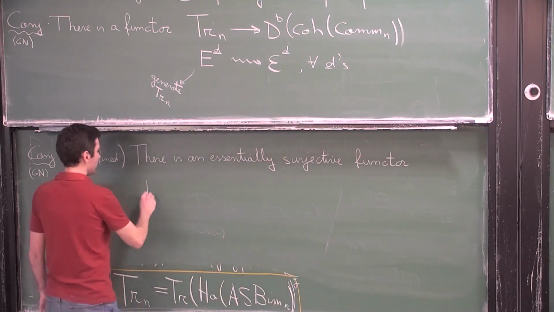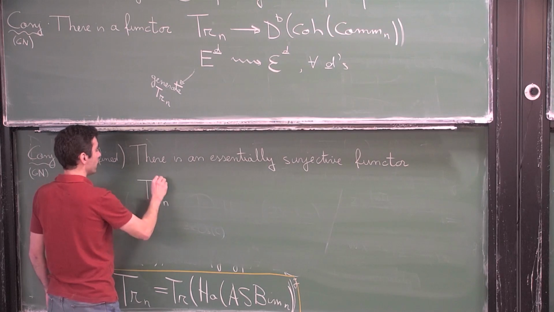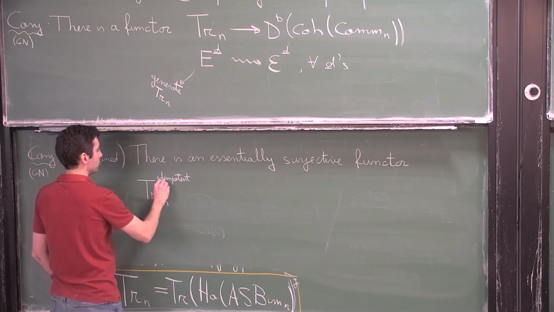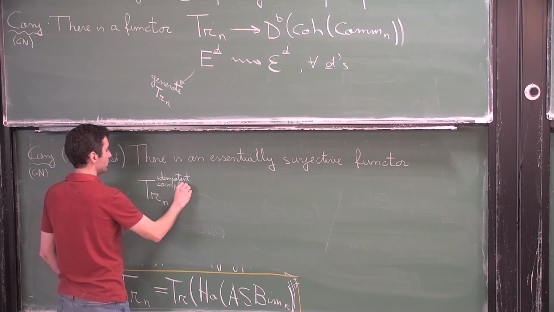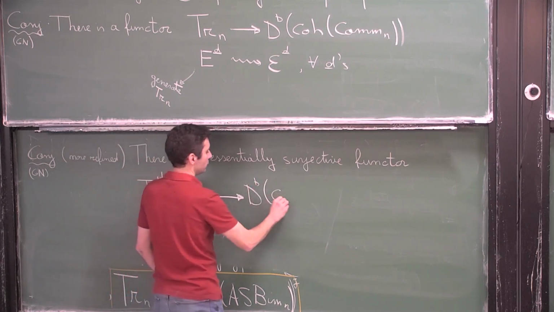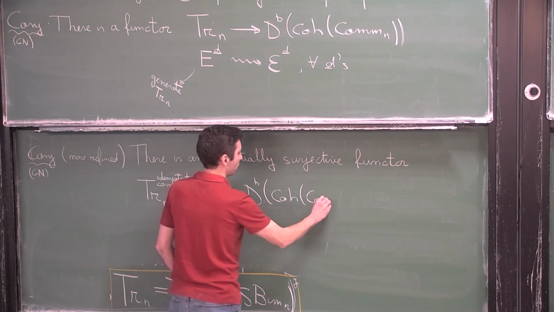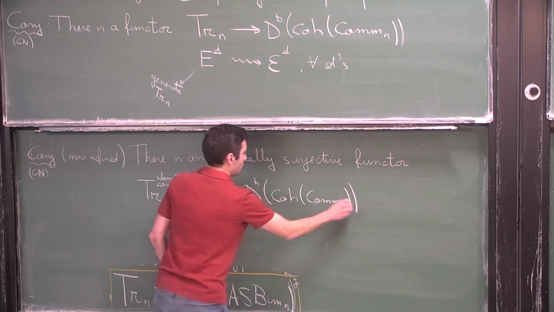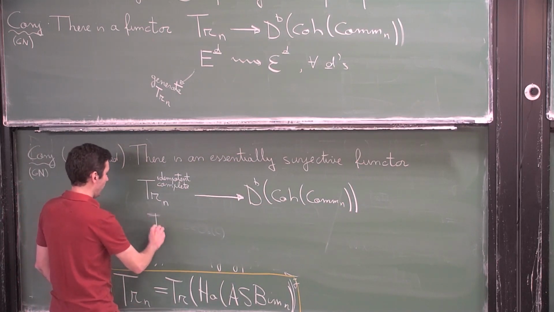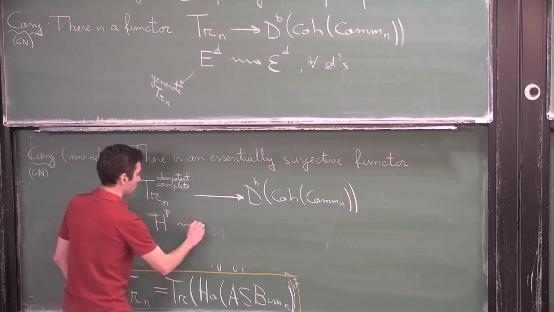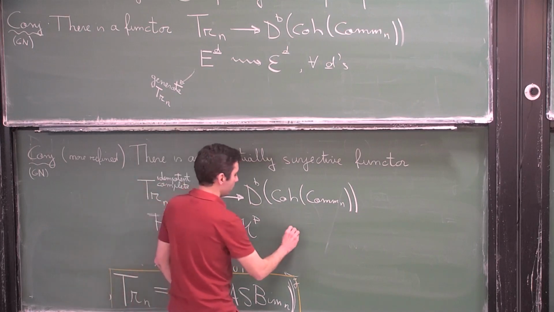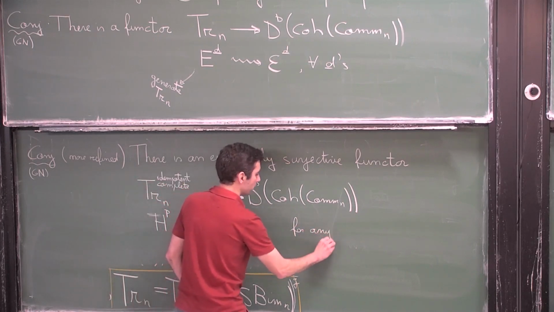It should go from Tr n idempotent complete, so you need to idempotent complete Tr n, and you still land in the same place, D^b of Com n. And this should take the objects H_P to curly H_P for any convex path P.